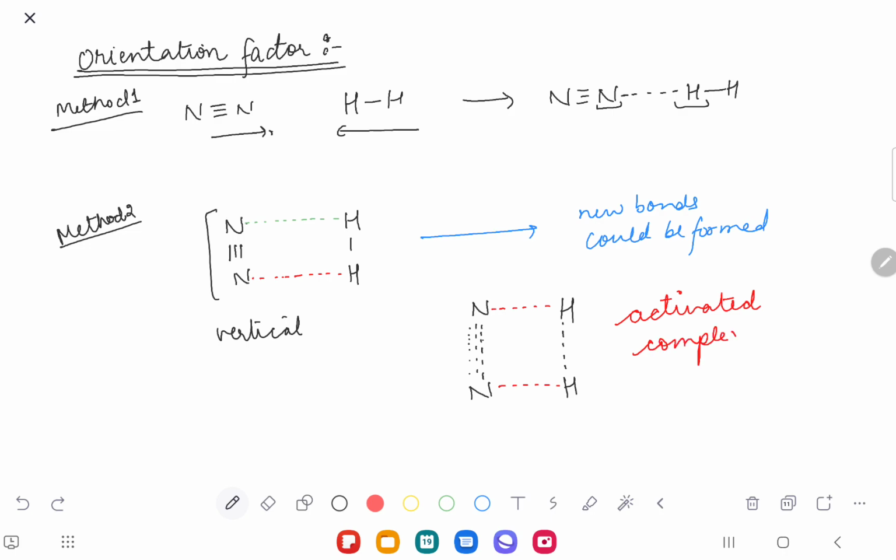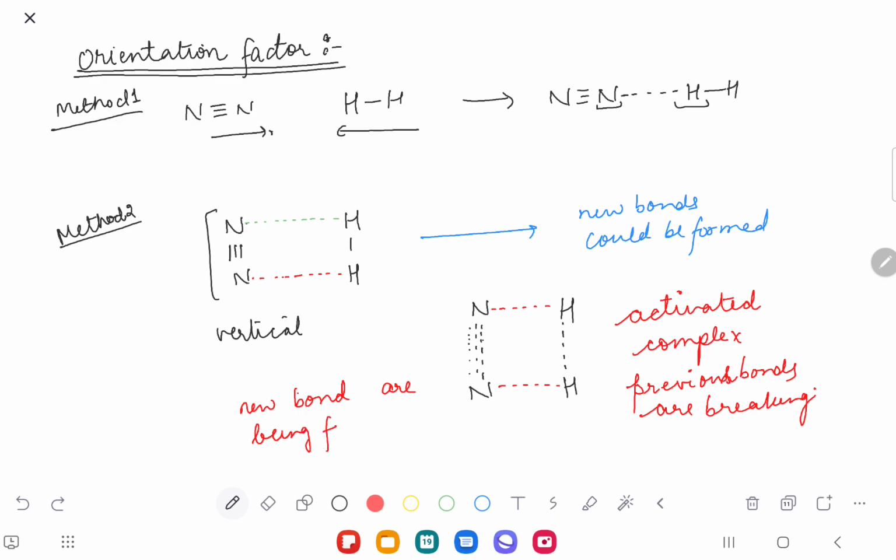Activated complex is a situation where the previous bonds are breaking but have not fully broken down, and the new bonds are being formed but have not formed fully.